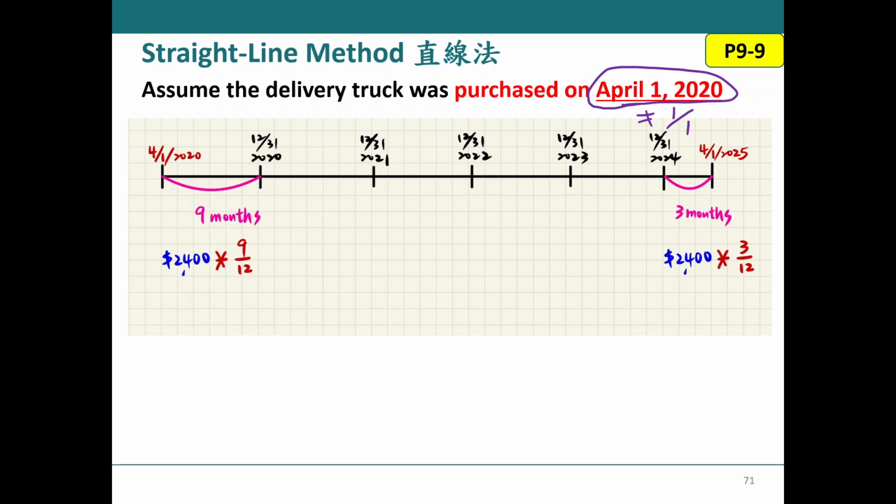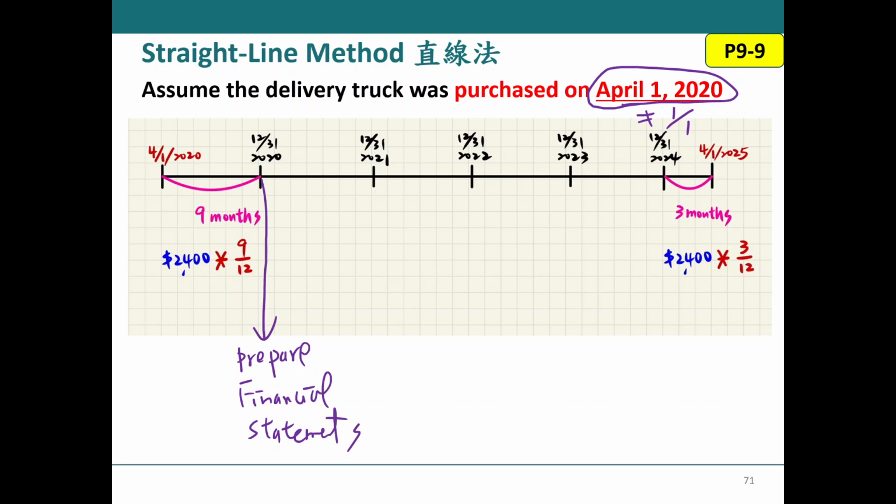So since you purchased it on April 1st, for the first year, December 31st, 2020, when we prepare our financial statements for 2020, could you tell me how long you used your PPE?